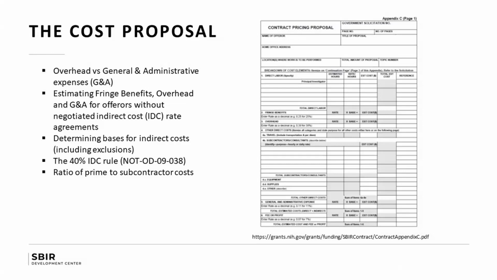In terms of the 40% rule, the IDC rule, if you look up that notice announcement, it will say on the first page that if businesses are charging 40% or less on their indirect rates, the proposal does not have to be evaluated or negotiated by DFAS.